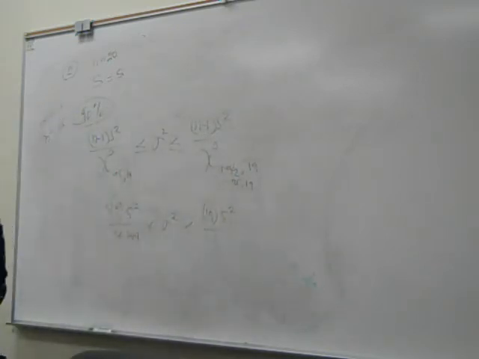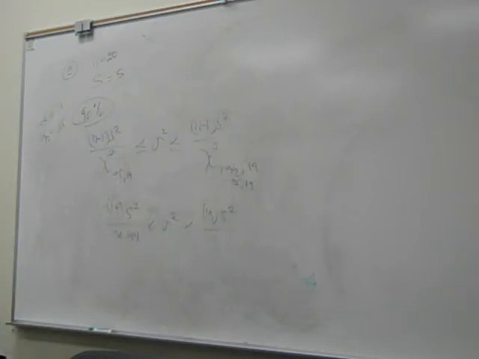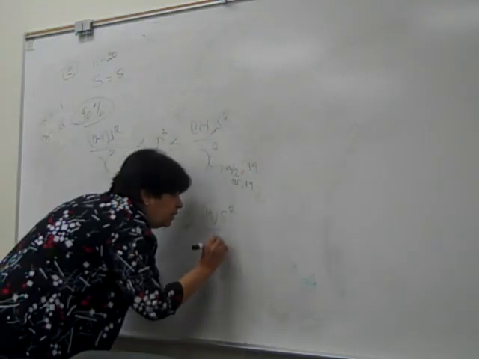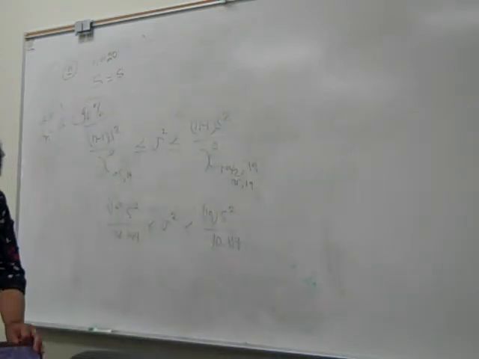Go to the chi-square table, 19 and 0.95, and that value is equal to 10.117. Okay, and this is just math.